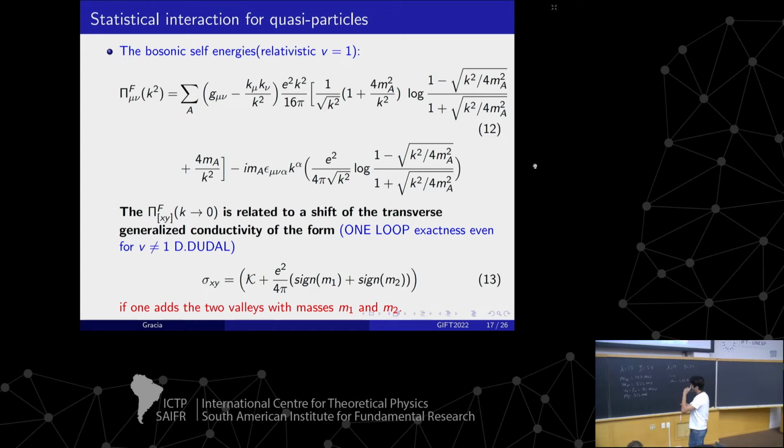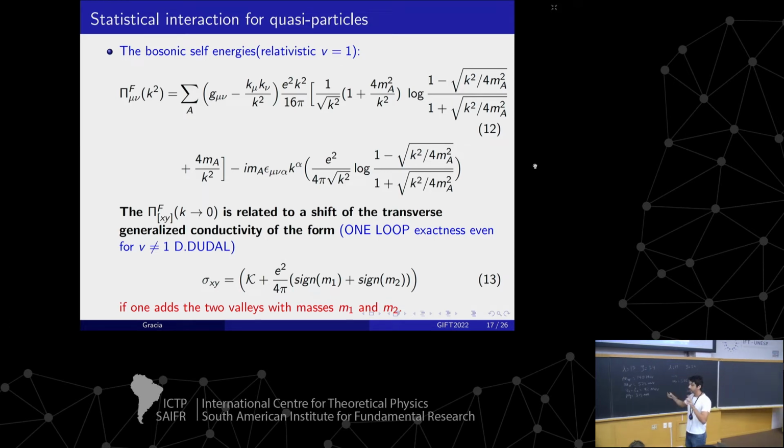Then, we can safely say that for this type 1 kind of statistical interaction, if we put some test charges and test currents, we can arrive at this transverse conductivity, not to be confused with Hall effect. We didn't put any field yet.